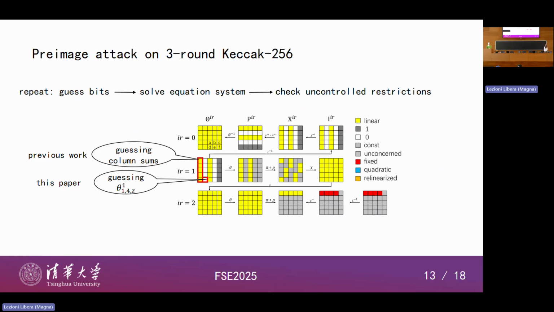Is this because guessing the column sums corresponds to some linear equations, and the linear equations are structured and you find something inside it, or is it a more general, more efficient strategy?